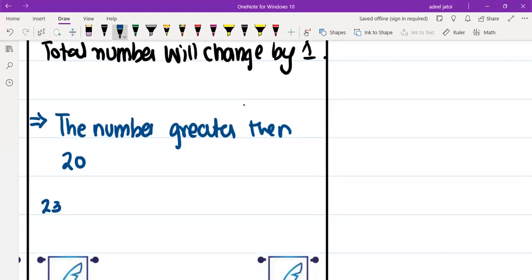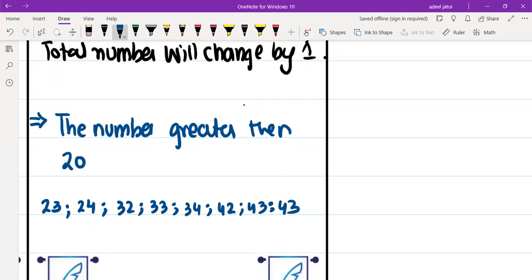We can't have 22 because there is only one card of 2, right? So if you pick 2, you can't have 2 again. So 23, or we can have 24, 32, 33 because there are 2 cards of 3, 34, 42, 43 and 44.